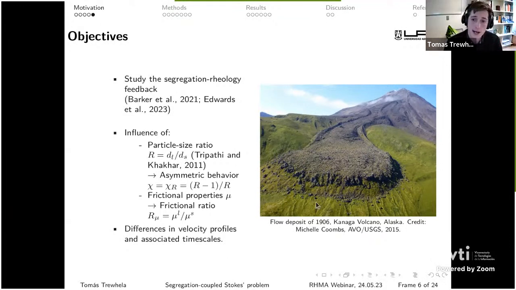I show here, to emphasize this coupling, another debris flow that shows very clear levees at the sides, and also the bulk front that is characterized by large boulders at the front. And I say this because there is, of course, an influence of the particle size ratio: how large are these particles compared to the ones in the middle or in the rest of the bulk?